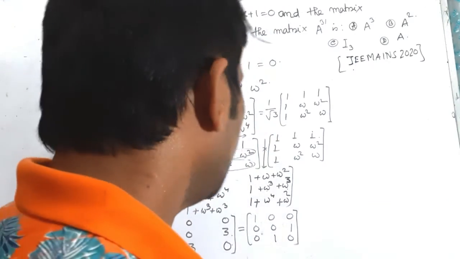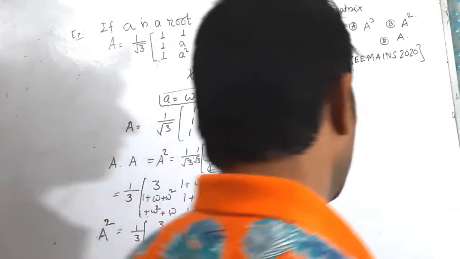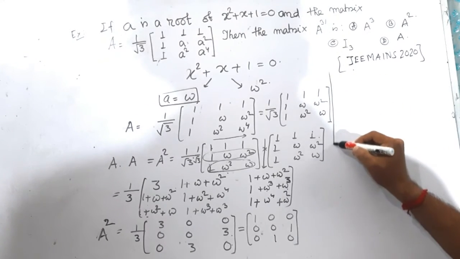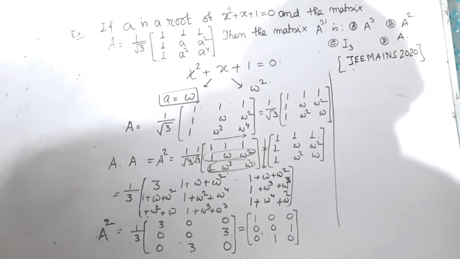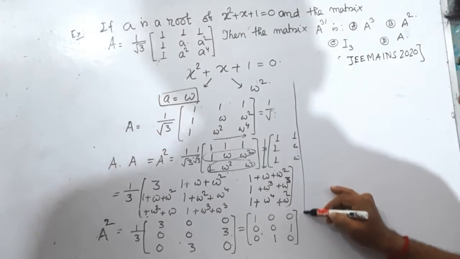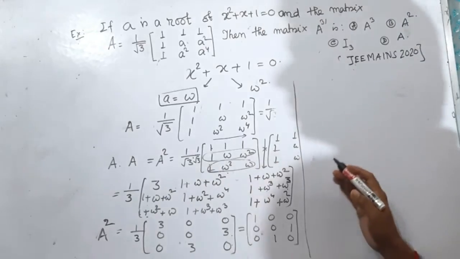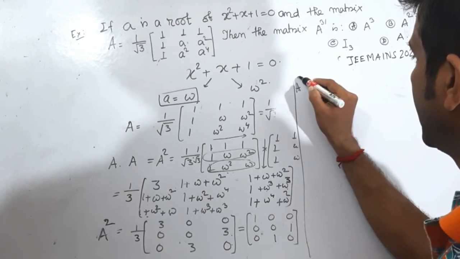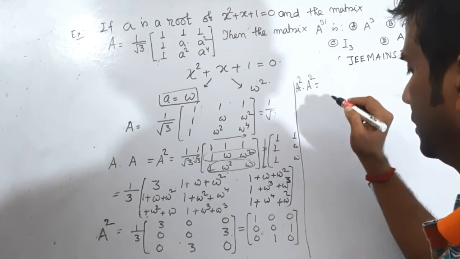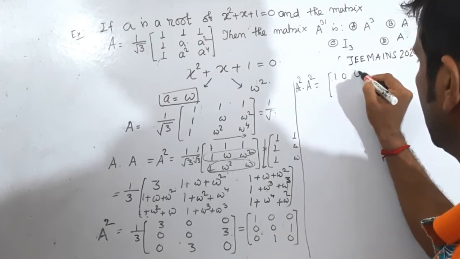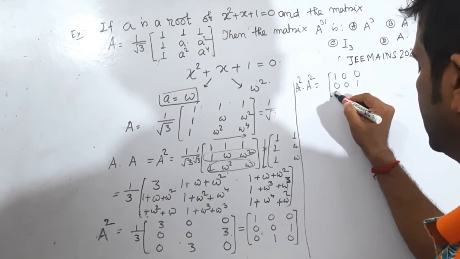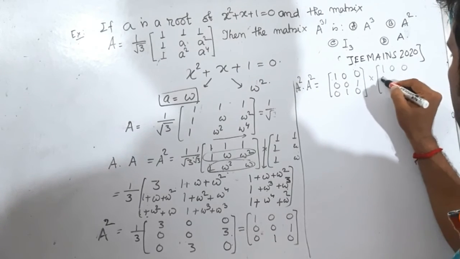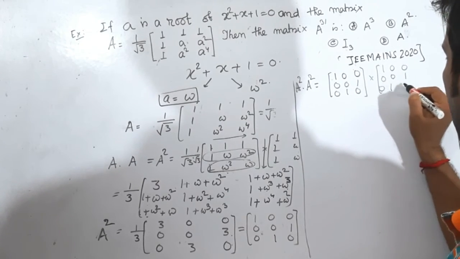Now from this, what we get is that now A square into A square. That means [1 0 0; 0 0 1; 0 1 0] into [1 0 0; 0 0 1; 0 1 0].